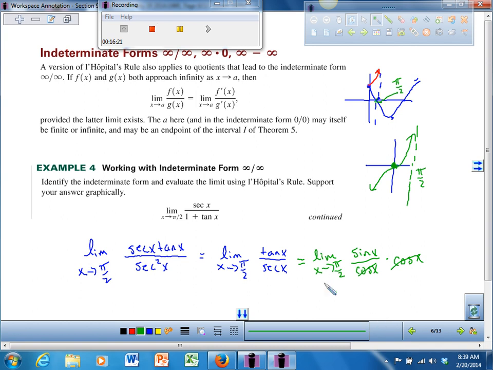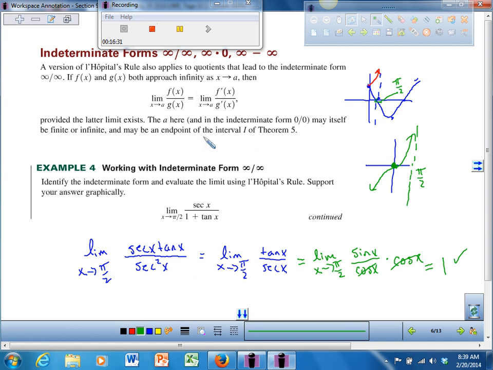We are taking the limit as x approaches pi halves of sine x, which is what? 1. And there we have our solution. But quite often, when we still get an indeterminate form, there is a second layer of L'Hopital's rule and possibly a third layer of L'Hopital's rule. And you'll get a few examples like that as well.